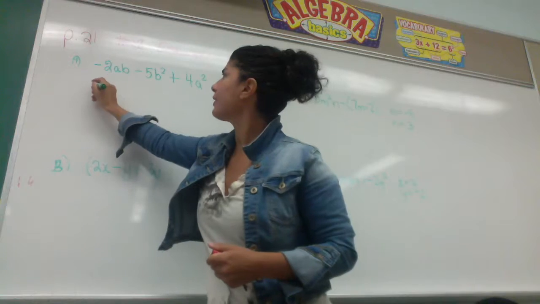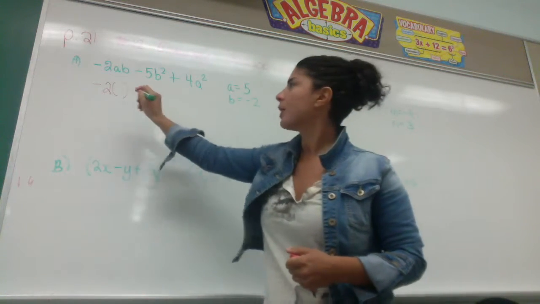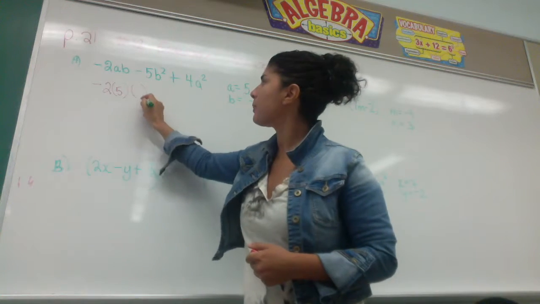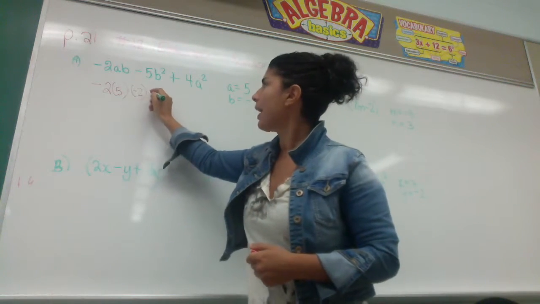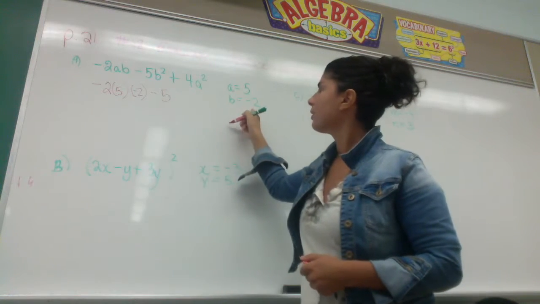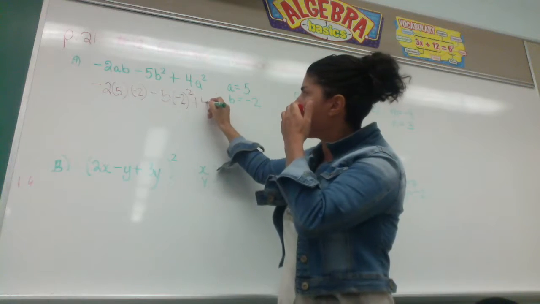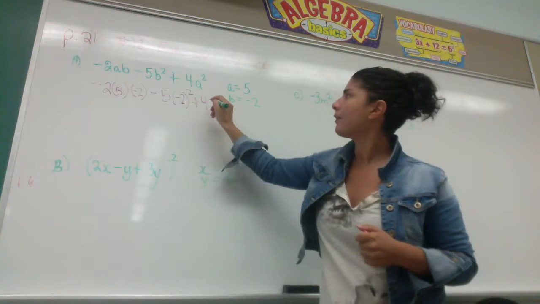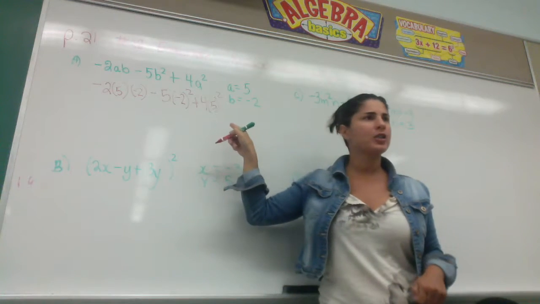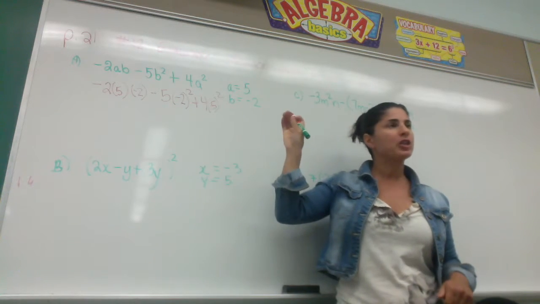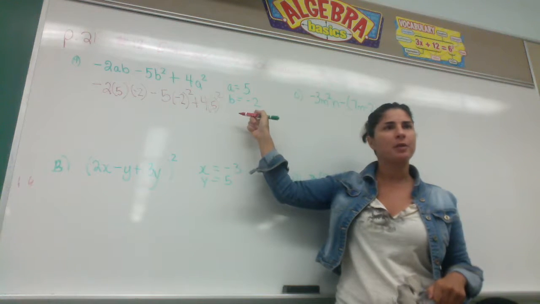So I have negative 2 times A, which is 5, I'm replacing, times B, which is negative 2, minus 5 times negative 2 squared, plus 4 times 5 squared. Does anybody not understand what I just did? So I took each of the letters and I replaced it by the number that they're telling me it's worth.